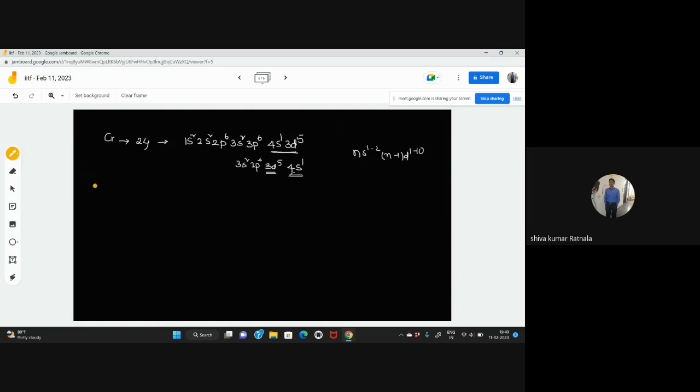A simple trick I will give you: prediction of group number and period number for a particular element.